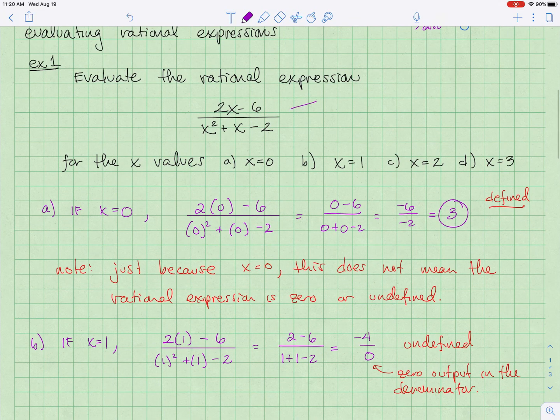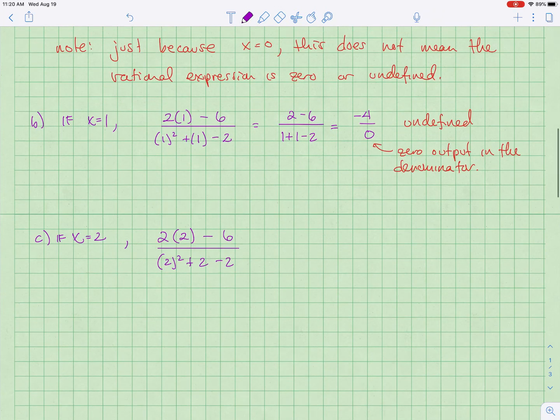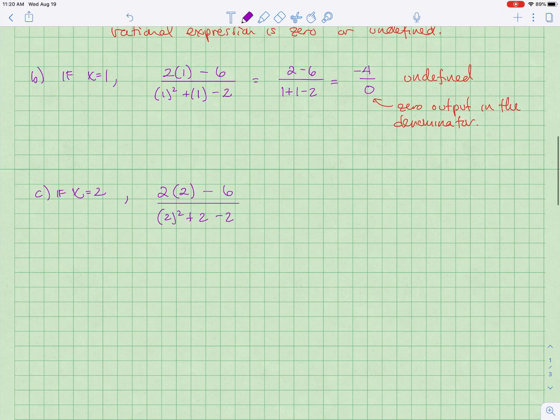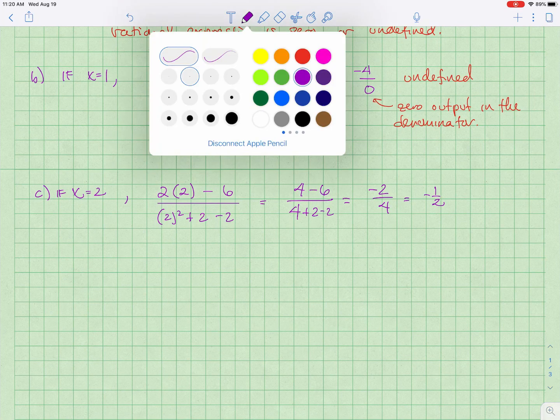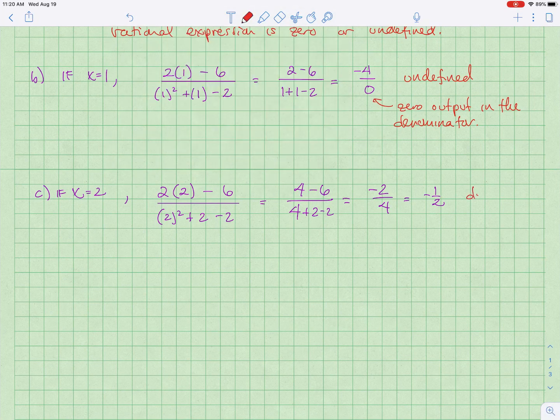Remember, all I'm doing is substituting those values into this expression for x. Simplifying this, this is 4 minus 6 over 4 plus 2 minus 2, which is negative 2 over 4, which is negative 1/2. And that is a defined value. Defined. Nailed it.